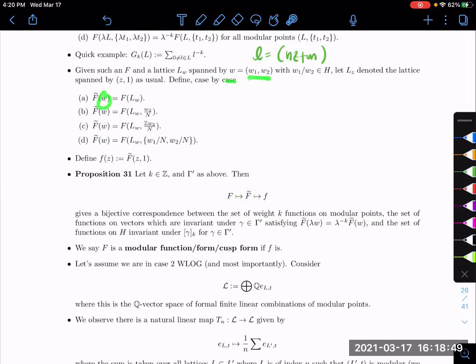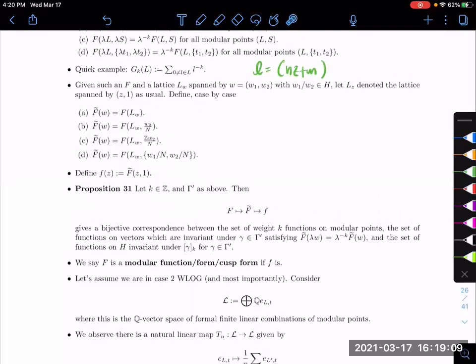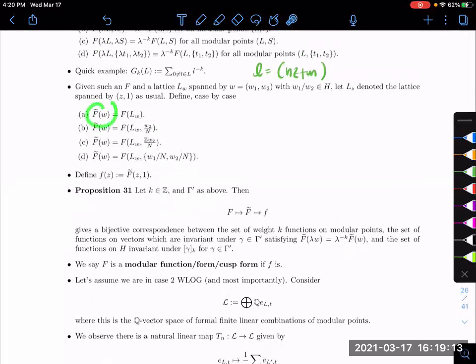Like w is a vector. And which vectors? Functions on vectors which are invariant under members of the congruence subgroup you're looking at, and that satisfy another weight k looking condition on f tilde. So not only does f satisfy this weight k condition up here, but f tilde also will, which isn't that surprising, right? Because f tilde just comes from f.